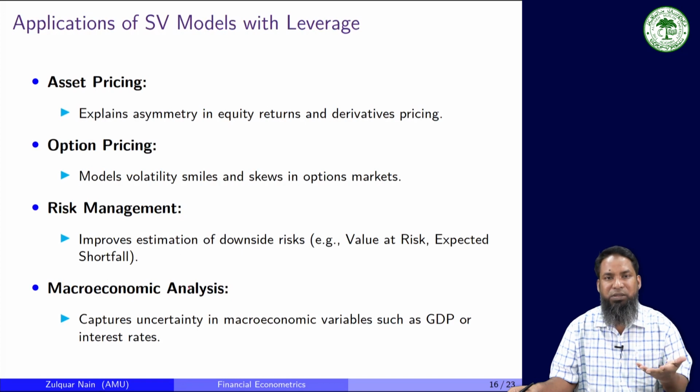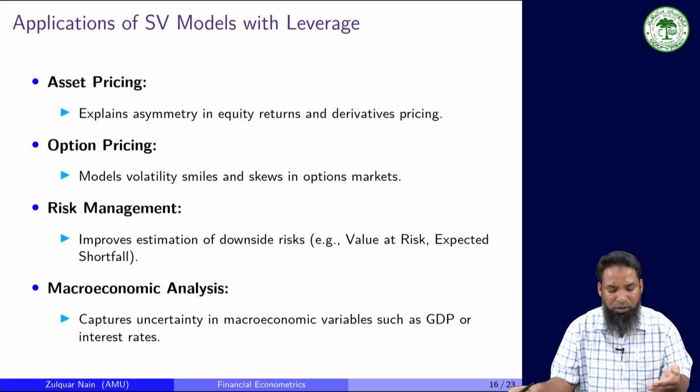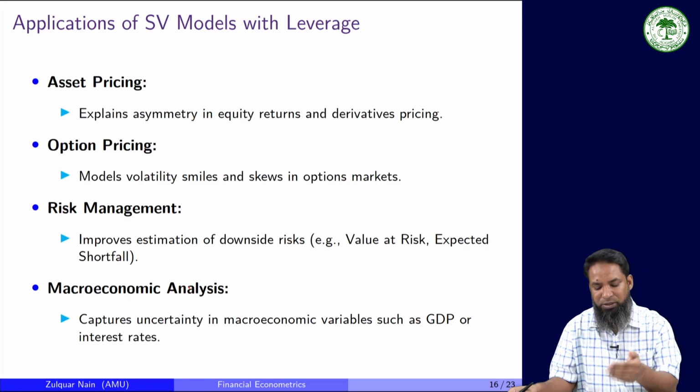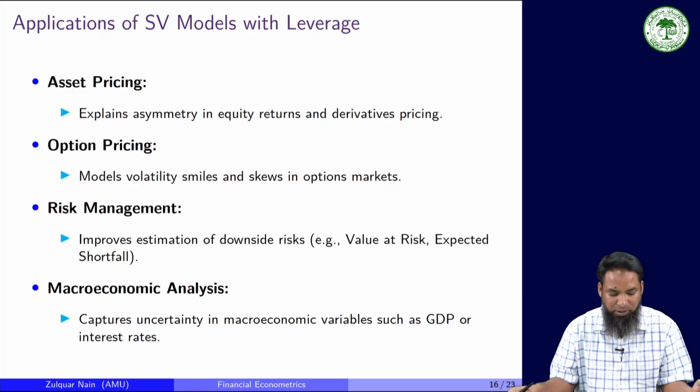So what are the applications we have? We have asset pricing, explaining and estimating equity returns and derivative pricing, which we quite often observe. In option pricing, we can use this model to model the volatility that goes into the option pricing, and it will be able to capture the volatility smiles and the skewness in the option price markets.